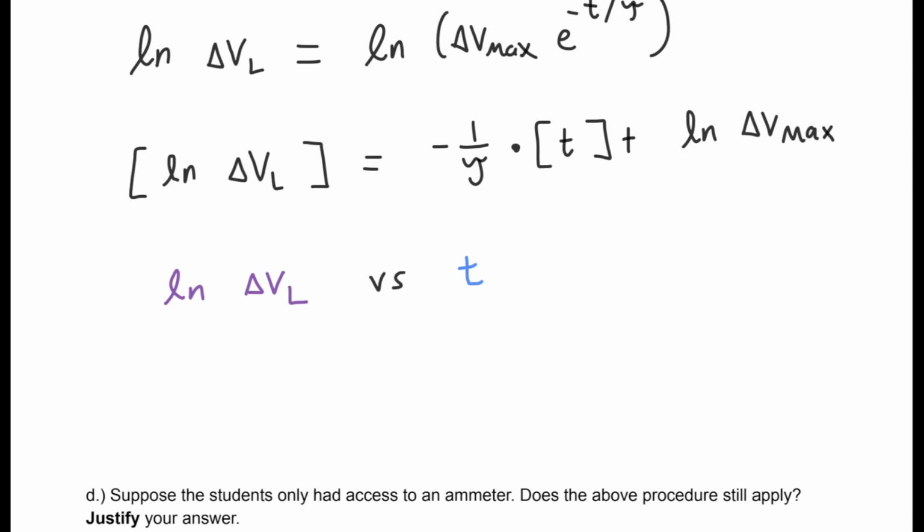So just kind of labeling some values here. This would be our y. This would be our x. So this means our slope, m, is negative 1 over tau. And our natural log of V max is a very ugly looking y-intercept.